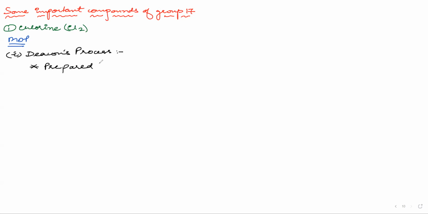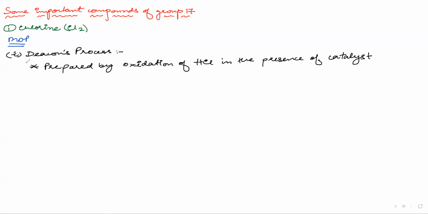It is prepared by oxidation of HCl in the presence of a catalyst, cupric chloride. So you have HCl.